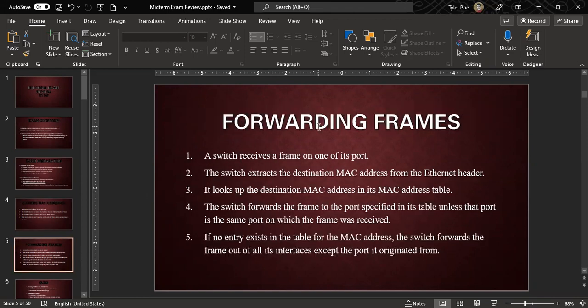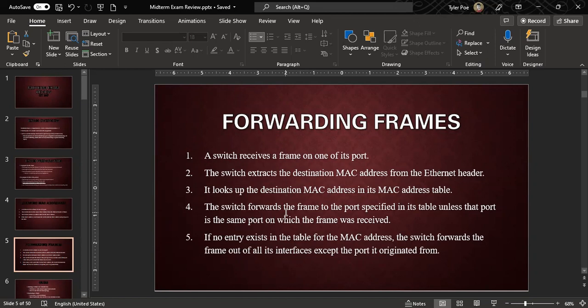There's another process you need to be familiar with: how switches forward frames. It's basically how switches send communications to other devices after receiving a frame. The first step is a switch receives a frame on one of its ports. The switch extracts the destination MAC address from the Ethernet header. It looks up the destination MAC address in its table.